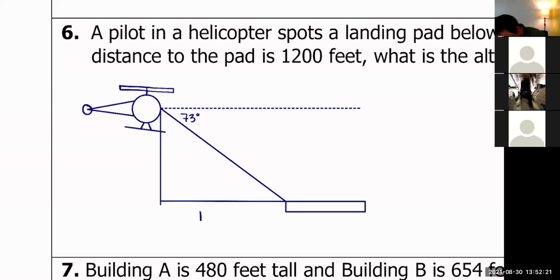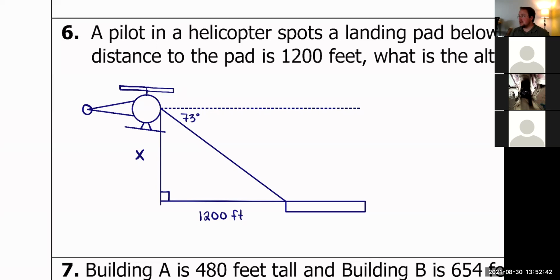So the horizontal distance is 1,200 feet. We want to know its altitude, which is its vertical height. Now, something weird happened here. The angle I have isn't in the triangle that I've drawn.